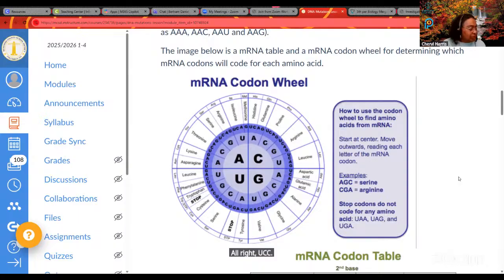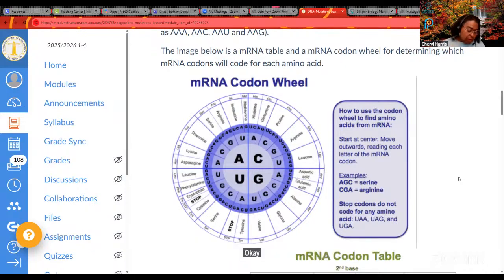First row, second column. And again, all 4 ways code for serine. And last, U. All right, so top row, first column, and the top box, U. So that's PHE.